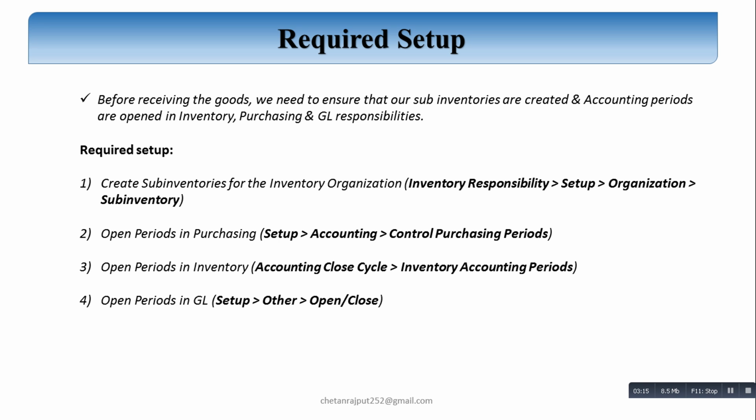Next, open period in inventory. For that, we move into the inventory responsibility. In that, we go to the accounting close cycle, go to inventory accounting periods and open the inventory periods.